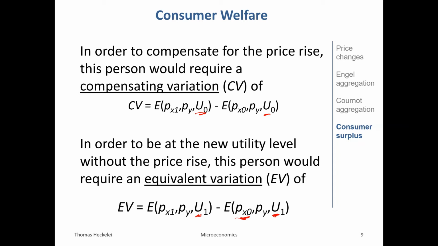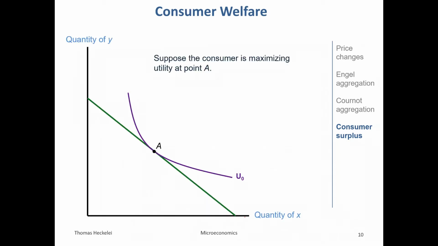So the equivalent variation is, again, the expenditure that you're spending right now, with the new utility level and new prices, minus the imaginary expenditure that you would need to spend to reach your new utility level, but with the old price. That is its definition.